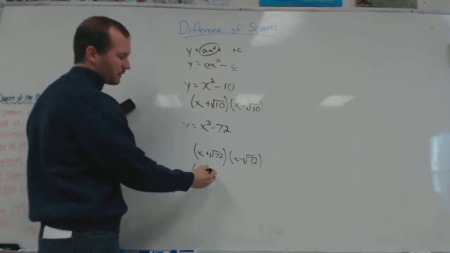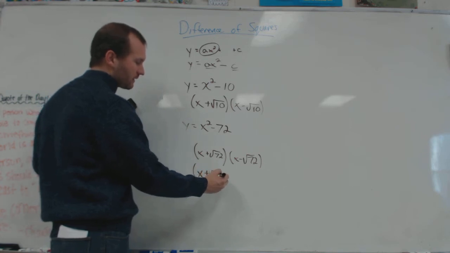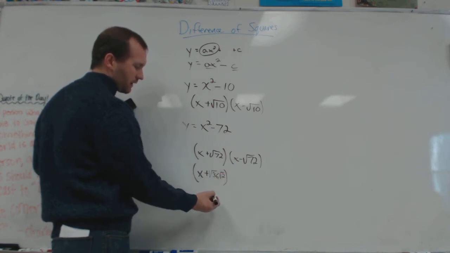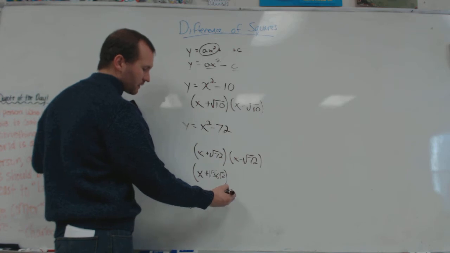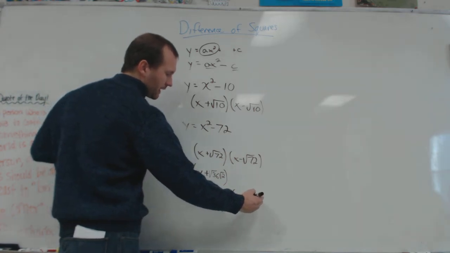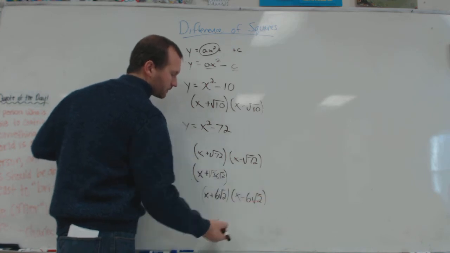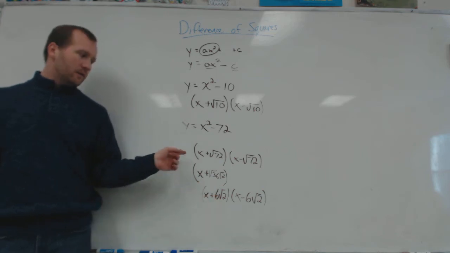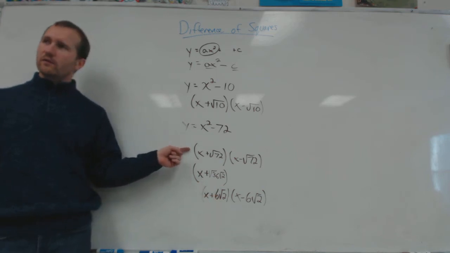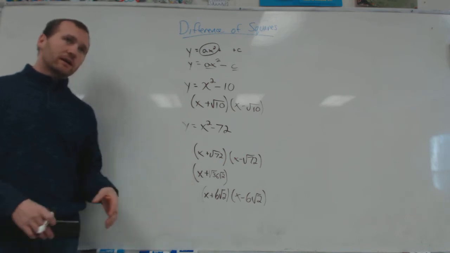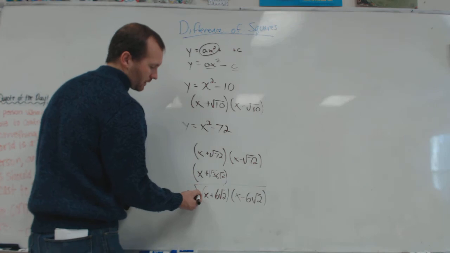Yeah, I would go straight for the 36 if you see it. The 9 and the 8 would eventually be there too. So we have the square root of 36 times 2, which is just going to be 6 square roots of 2. And the same thing is going to happen in the second one. 6 square roots of 2. So this is right, it's just not simplified, and so you would lose points for that, right? This is simplified, and that's the answer that we want.